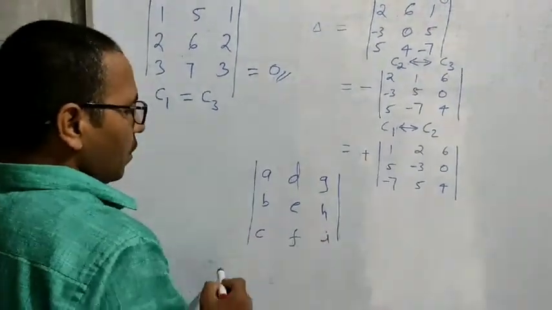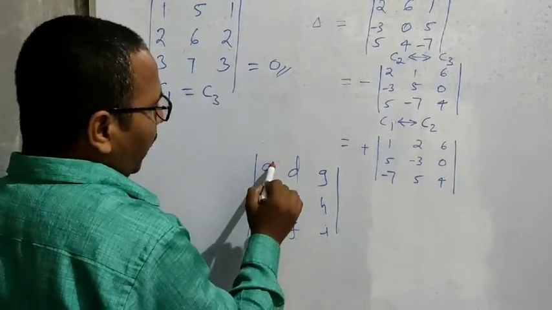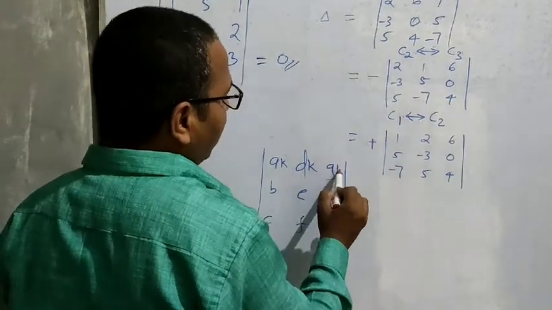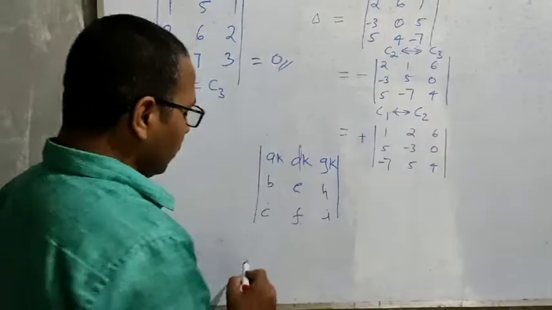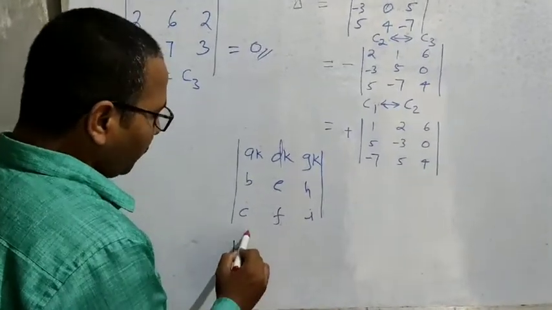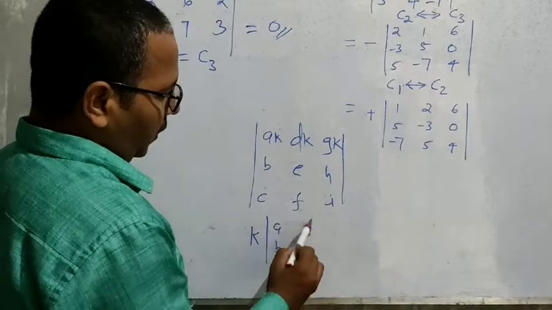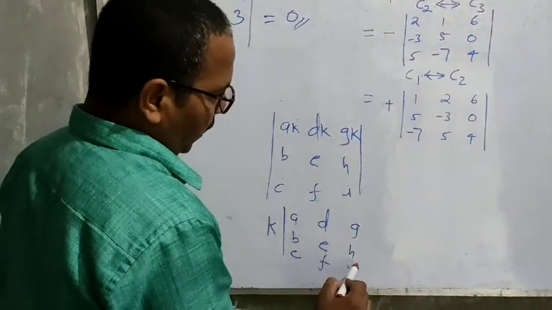So we will get AK, DK and GK. You can take k common from this, so you will get k times the determinant A, B, C, D, E, F, G, H, I.